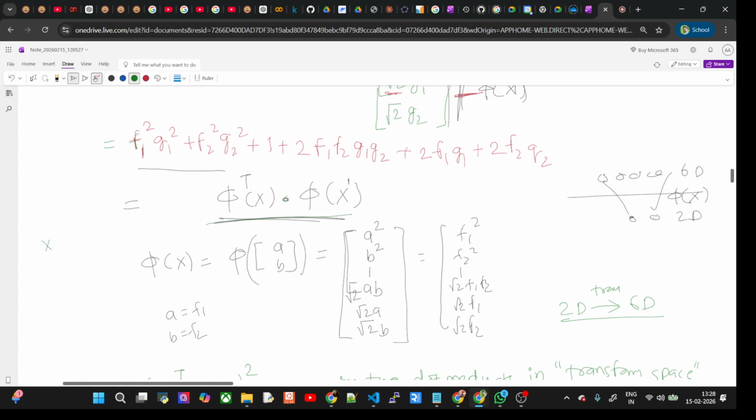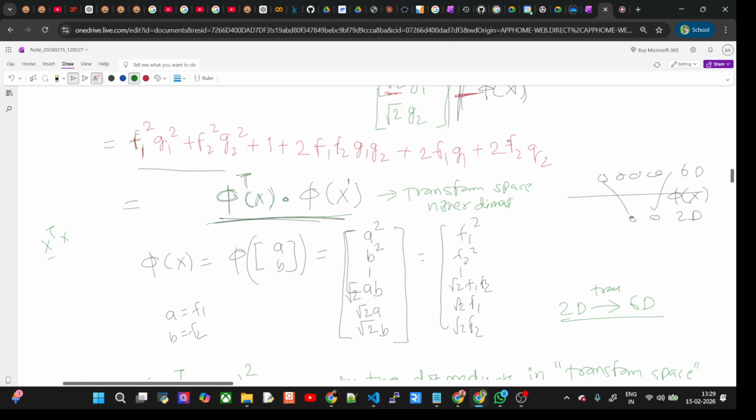It is not doing x transpose x, it is doing phi of x transpose phi of x, and this is in the transform space, or the higher dimension. Okay, this is in higher dimensions.